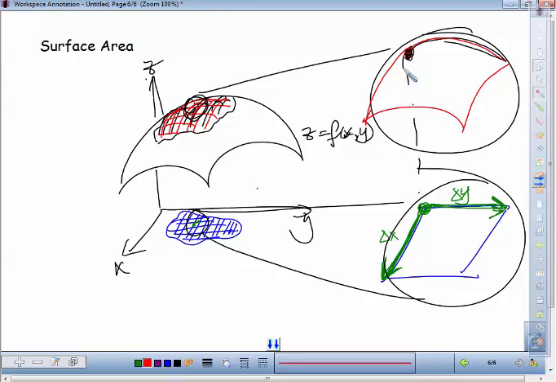What we're going to want to do is find a couple of vectors that are tangent to that surface.